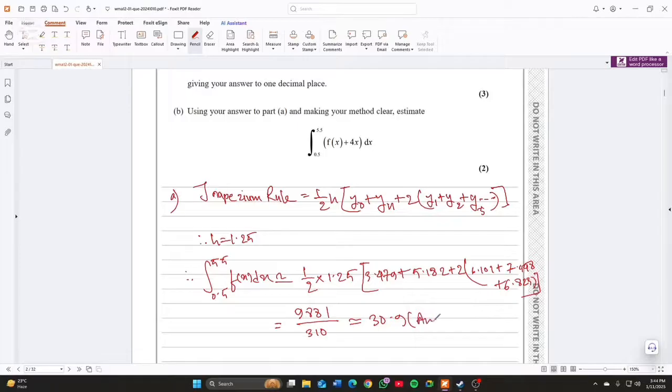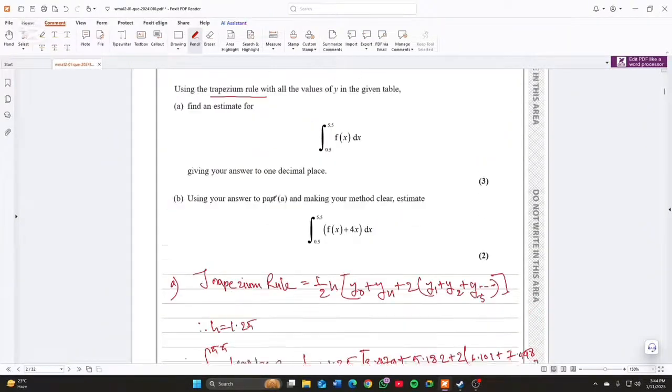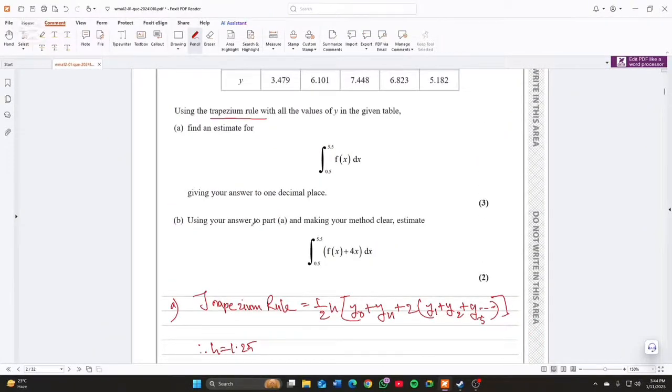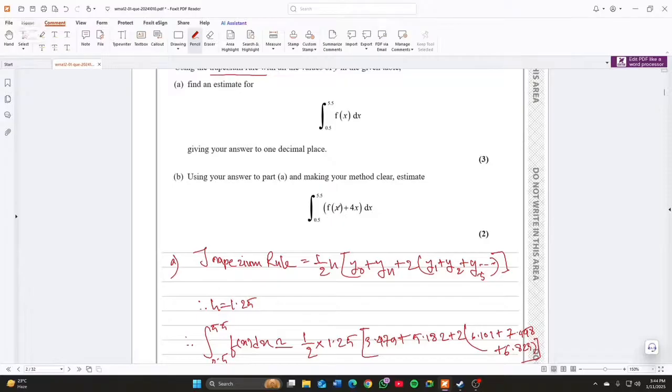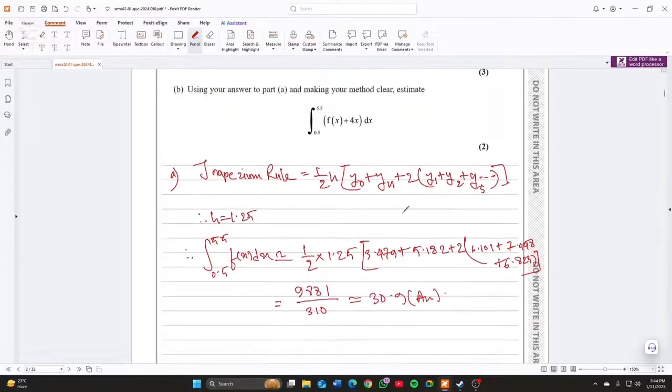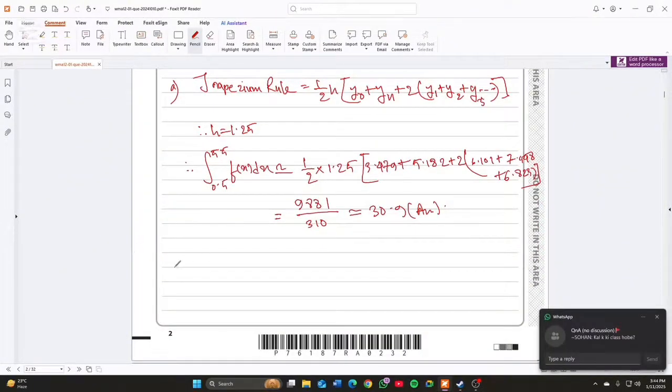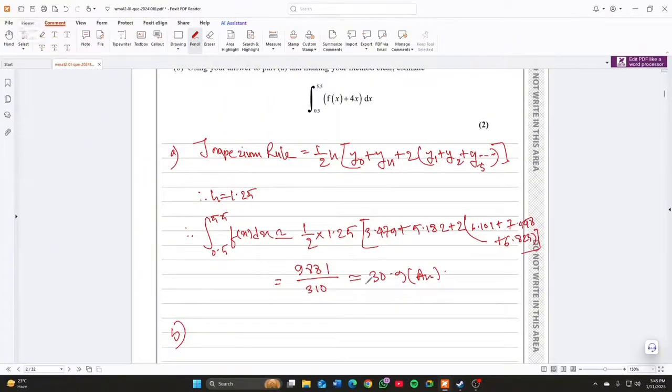This is our answer. Now coming to part b, using your answer to part a, so we will use this value, and making your method clear, estimate the value of this, right? Okay, so we can write the integration from 0.5 to 5.5 of f of x plus 4x.